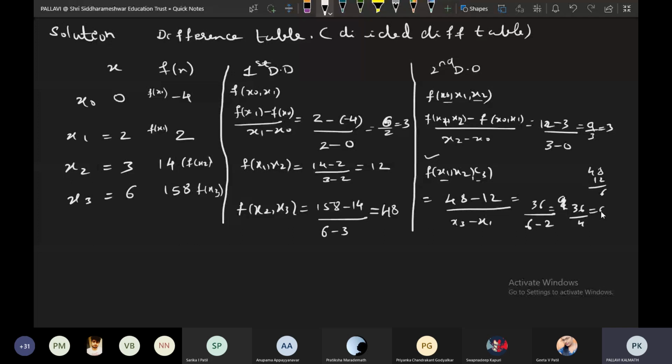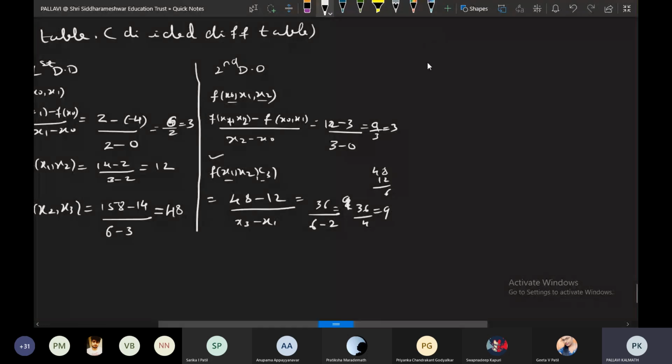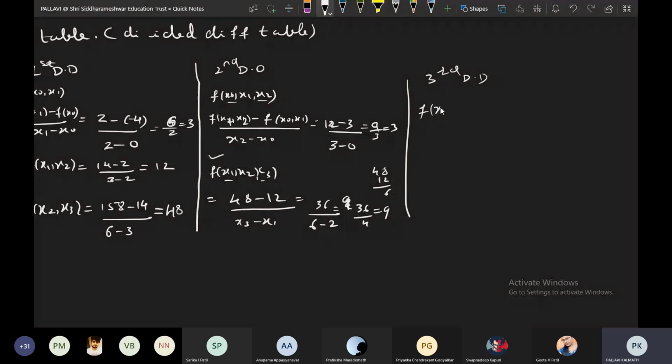Okay, this is the last term in the second divided difference. Then go for the third divided difference. The third divided difference is denoted by x0, x1, x2 and x3.